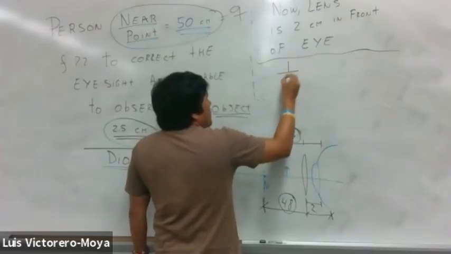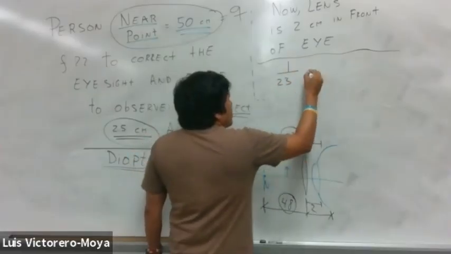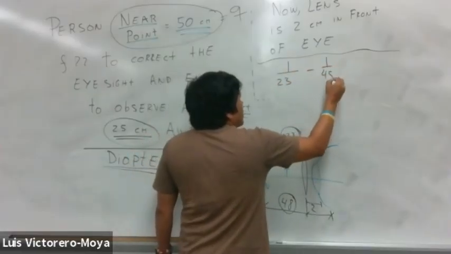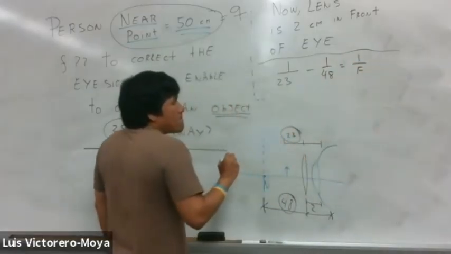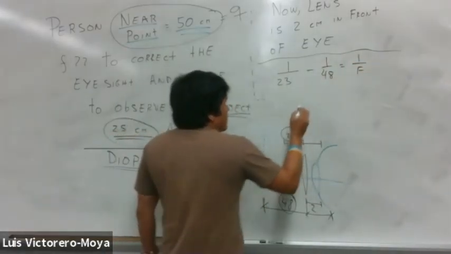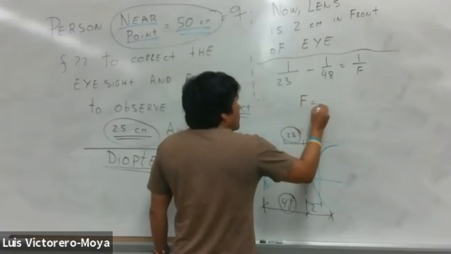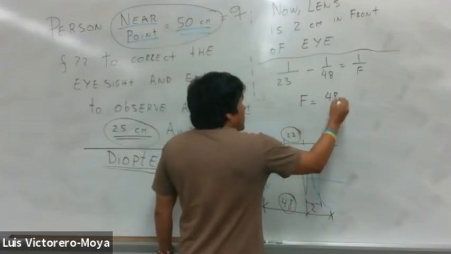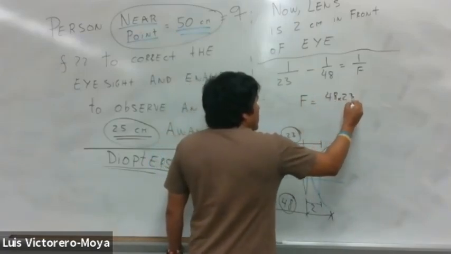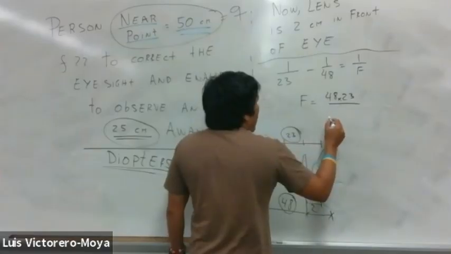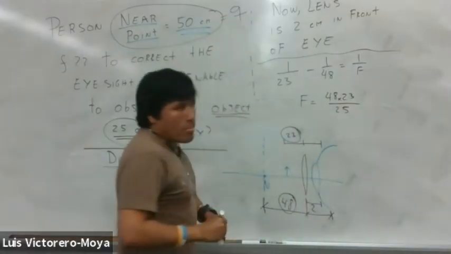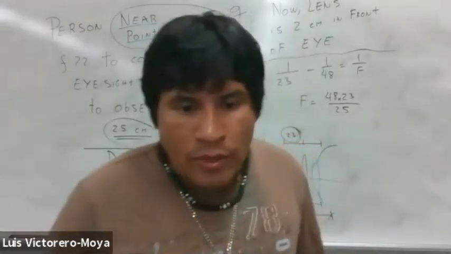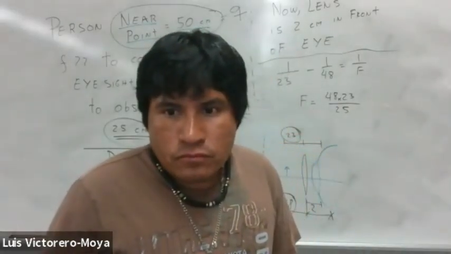So 1 over 23 minus 1 over 48 equals that. So let's see, 48 times 23 over 25, let's see what we get, and we can compare it with the previous one.